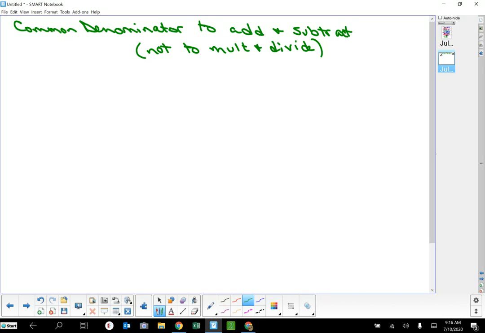Okay. Factoring comes into play pretty big here. And actually, we get more into the rules of fractions in the next section. So let's just take a look at what these problems are going to look like and then go from there.